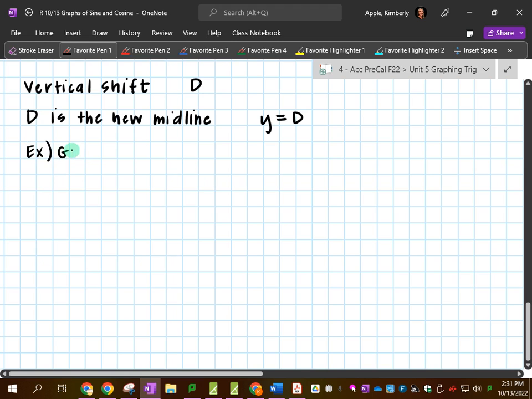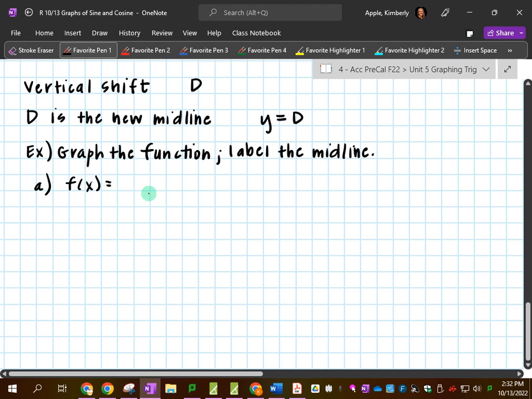So let's go again. We want to graph the function, and I also want us to label the midline. We briefly talked about the midline yesterday. So let's say f of x is sine of x plus 2.